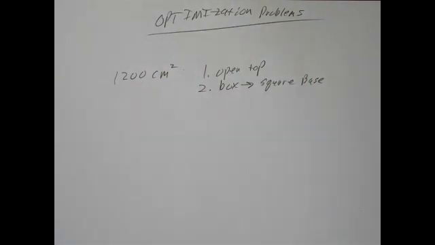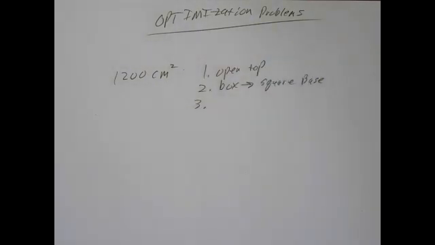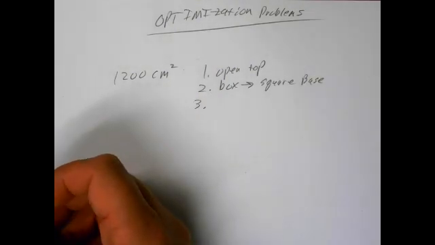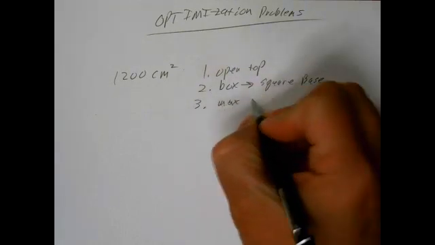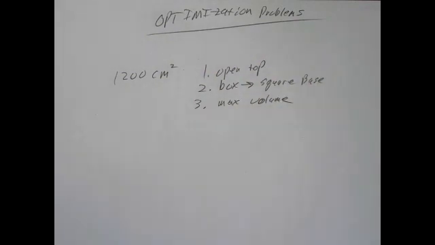And the objective in this particular case is to build this box in such a way as to maximize the volume. We only have a certain amount of material to use, and we want to maximize the volume while using that exact amount of material.